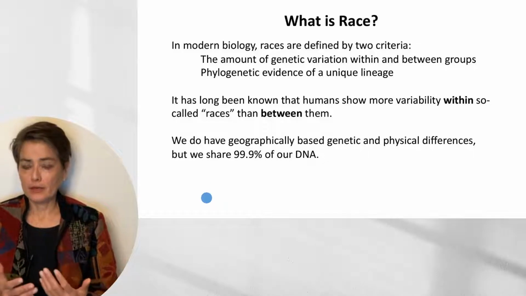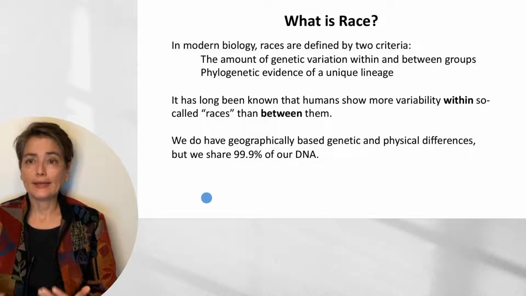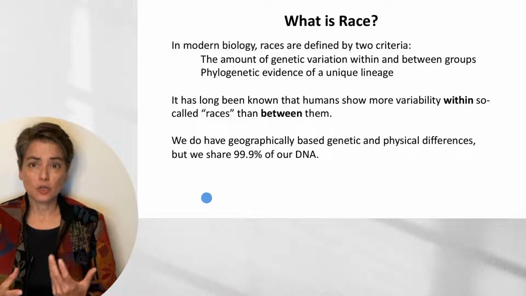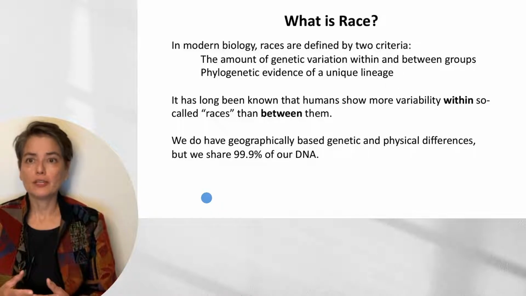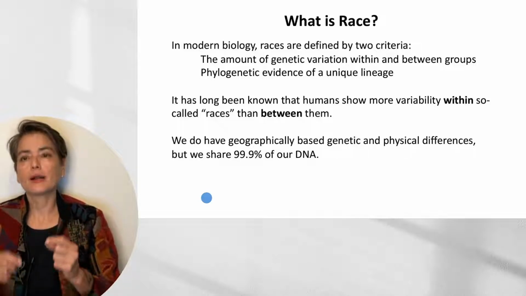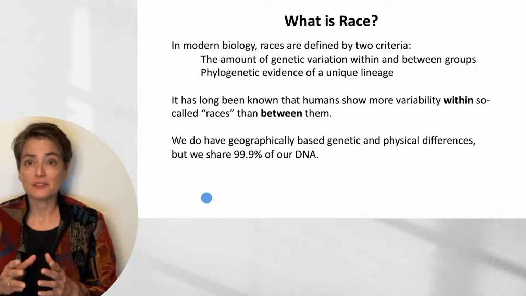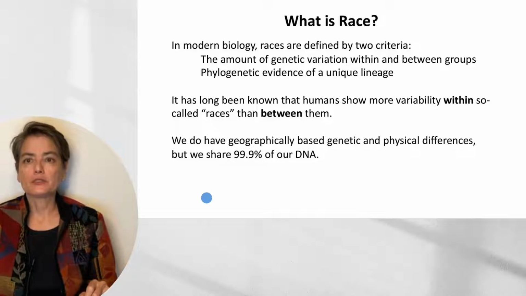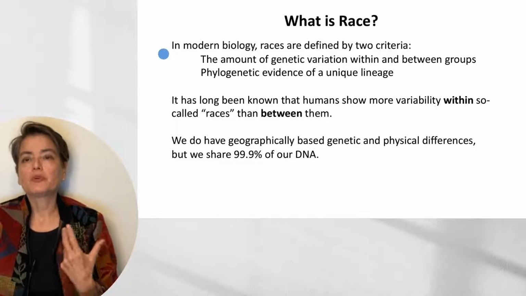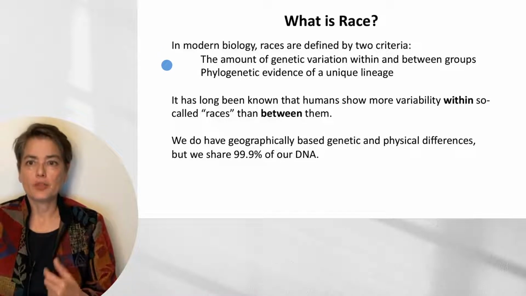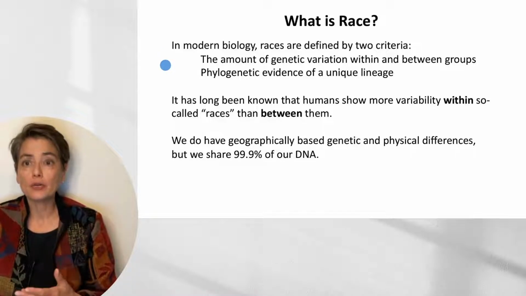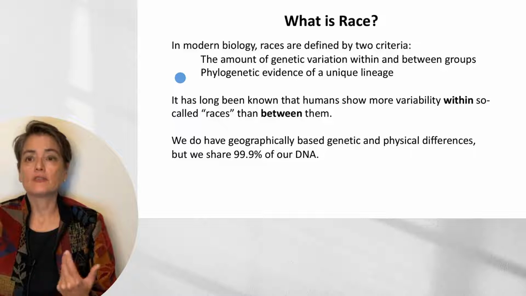So with that introduction, let's talk about what is race. Now, I always use the term socially defined race when I refer to race, but I don't here because here I'm talking about actual biological race, because biological races do exist, just not in modern humans. In modern biology, we define races by two criteria: the amount of genetic variation within and between groups, and phylogenetic evidence of a unique lineage.